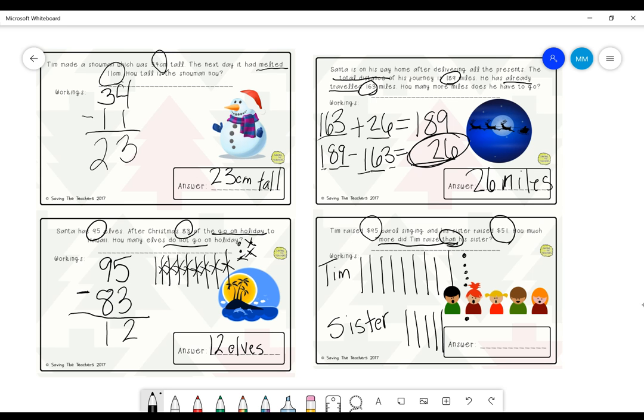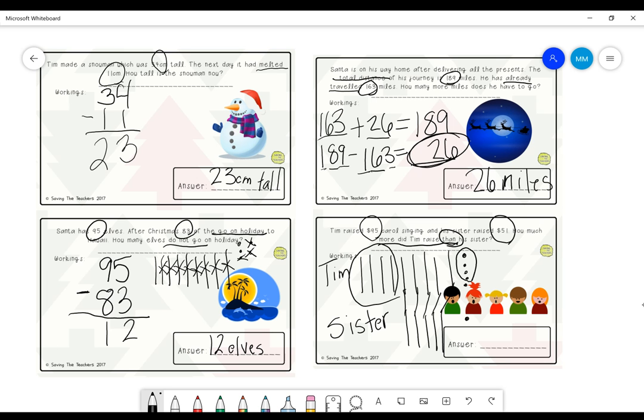Let's start in our ones place. How many more ones does Tim have than his sister? He has 4 more ones, 4 more dollars than his sister in the ones place. Let's look at our tens place. Here's what is the same, and here is what is different.